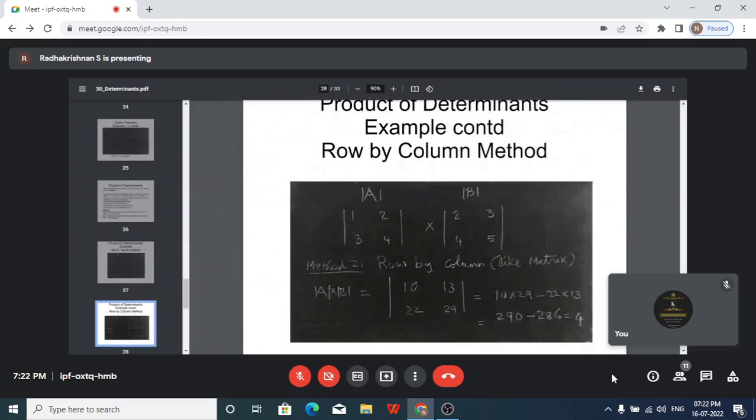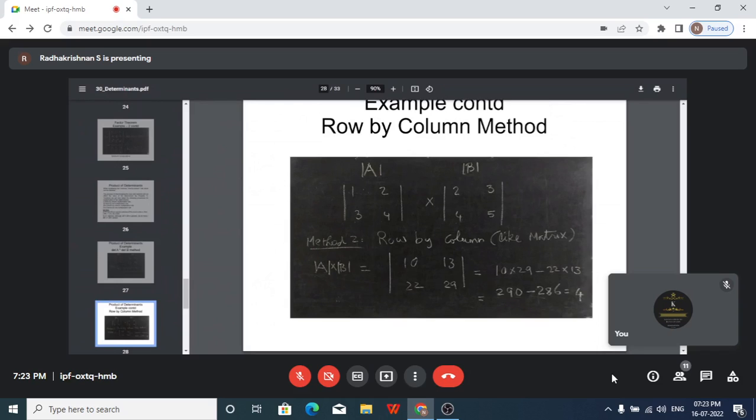Let's go to the second method. We multiply the determinants as AB, and then we evaluate it. We consider these as matrices, this one matrix and this another matrix, and we multiply like matrix multiplication. We saw that we can do row by column, row by row, column by column, or column by row.